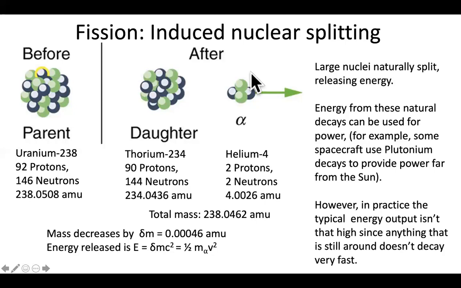The place where this is often used that I'm familiar with is for spacecraft flying out to the outer solar system. In the outer solar system, there's very little light available, so solar power doesn't really work, and other power sources are tricky. What you do is you use an isotope that naturally decays at a rate with a half-life of about 100 years.